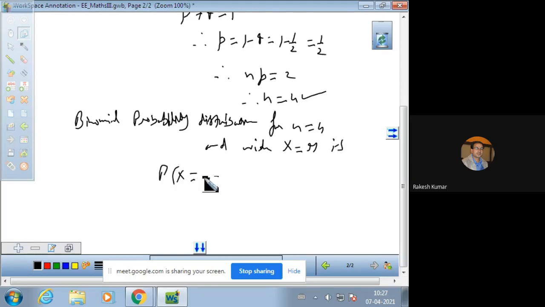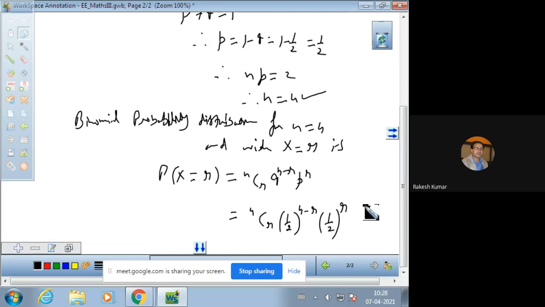Probability of x is equal to r means to say that out of n trials r successes are there. The formula is nCr q raised to power n minus r and p raised to power r. This is the formula, and you can put the value of n, p and q, that is 4Cr (1 by 2) raised to power 4 minus r and (1 by 2) raised to power r.